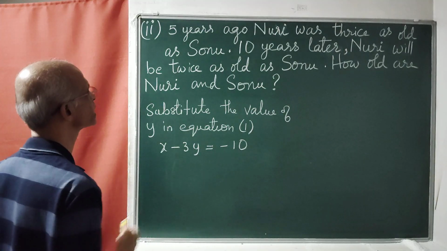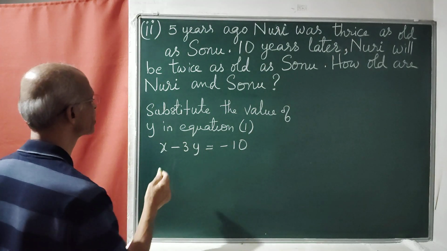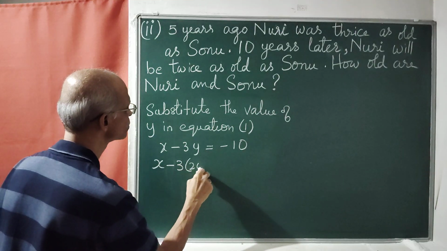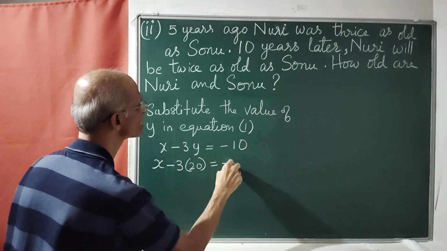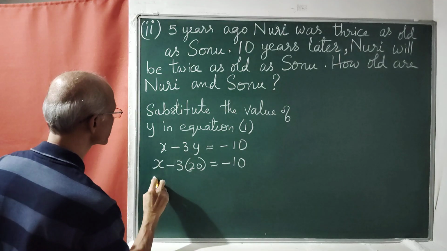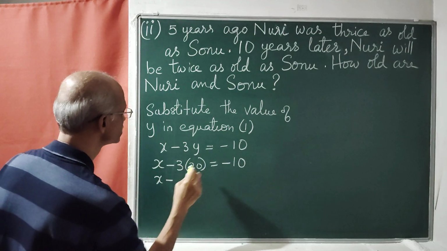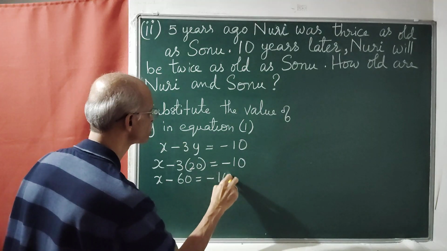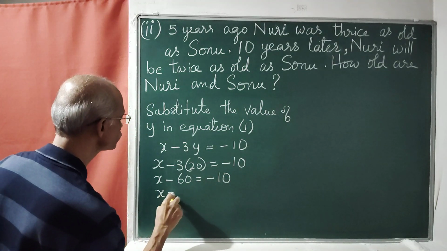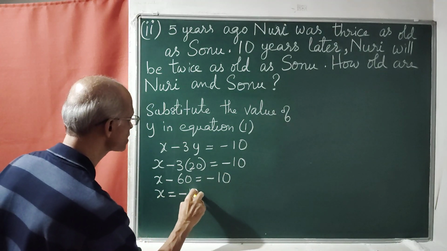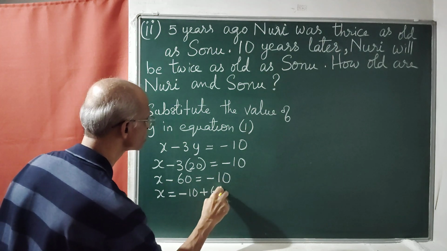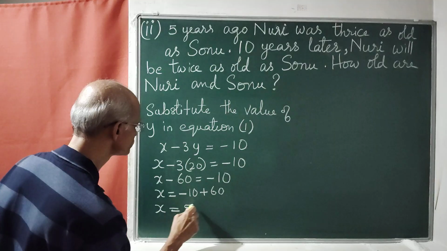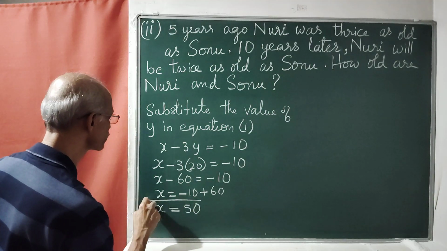The value of Y was 20. So I have to replace Y with 20. So X minus 3 into 20 is equal to minus 10. So X minus 60 is equal to minus 10. So X will be equal to minus 10 plus 60. So X will be equal to 50. So value of X is 50.